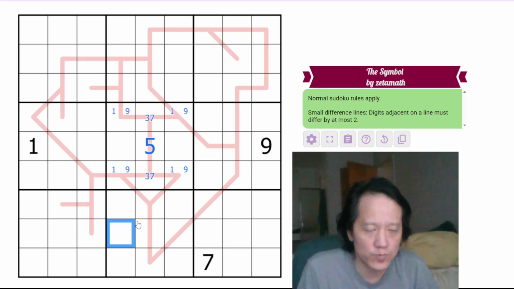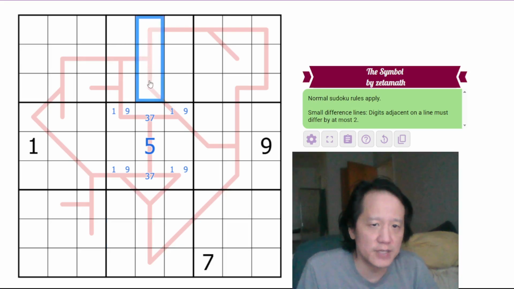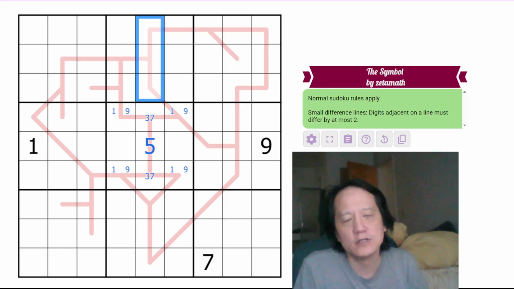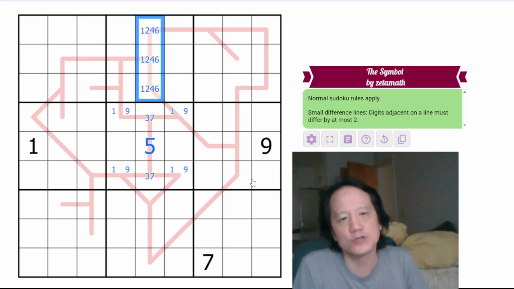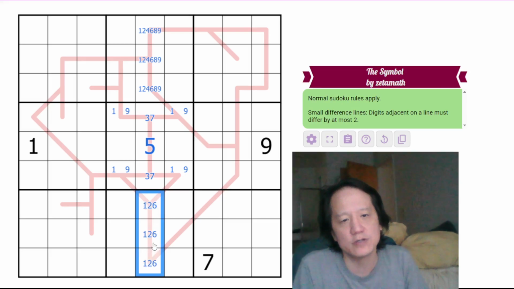Okay. Interesting. That means 5, 3, and 7 cannot be in the remaining digits in column 5. So we have 1, 2, 4, 6, 8, and 9 as possibilities.